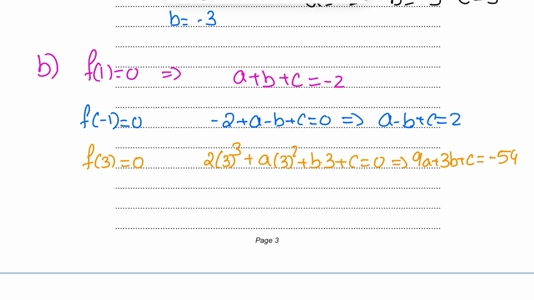So I got these three equations. You can use the graphing calculator to solve simultaneous equations: a equals -6, b equals -2, and c equals 6. Use the GDC to calculate the values of a, b, and c.